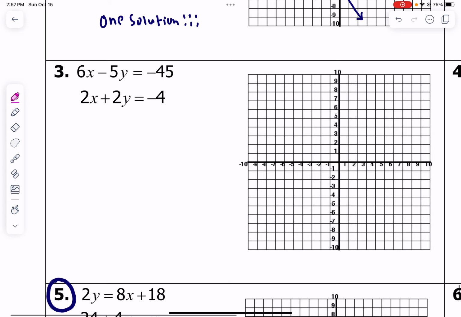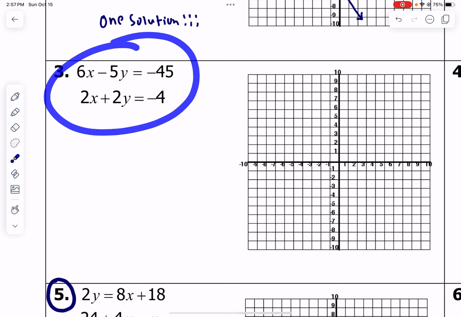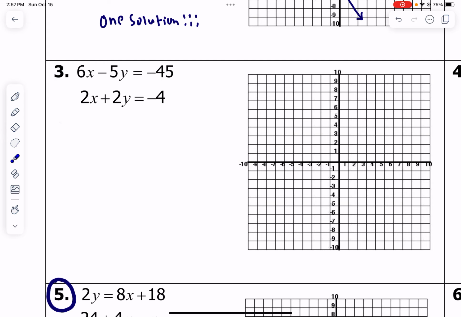So in example number 3, same idea. The only issue here is that they give you these equations in some sort of a standard form. So the only difficult part here is being able to solve for y in each of these cases. And once you have done that, you would just graph them on here.